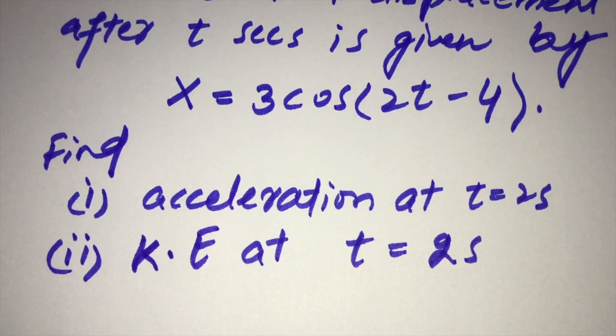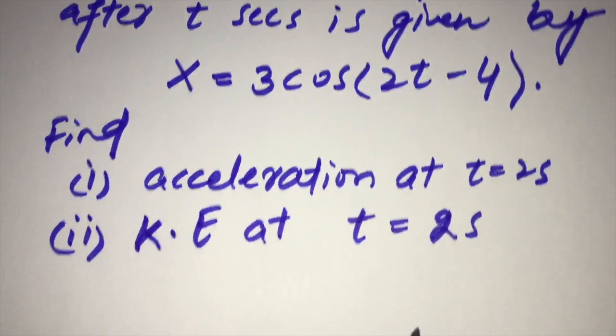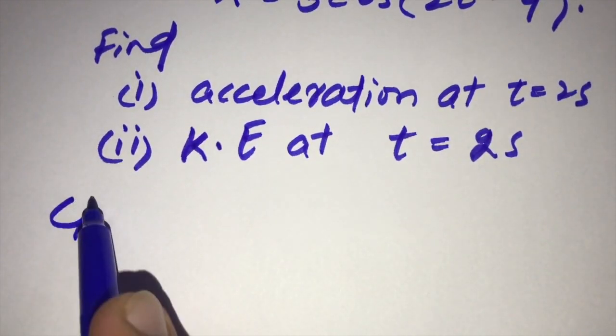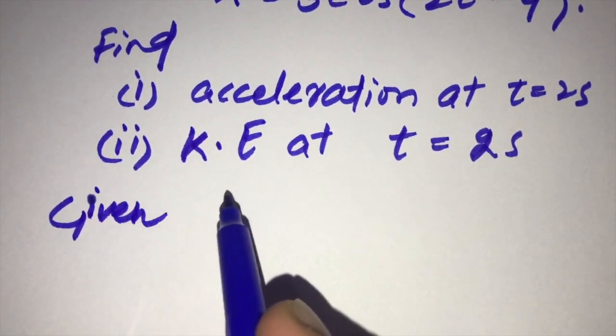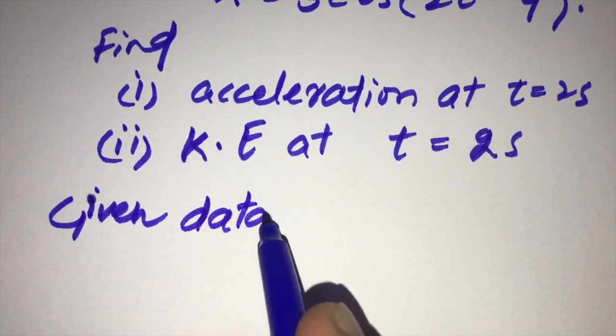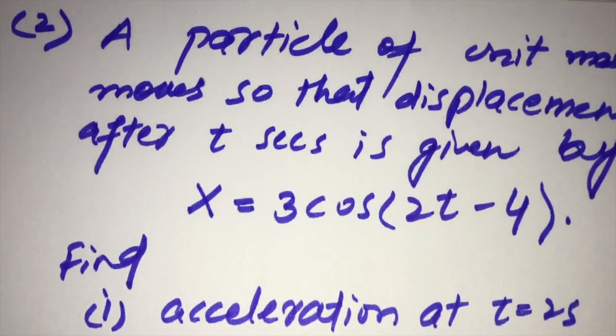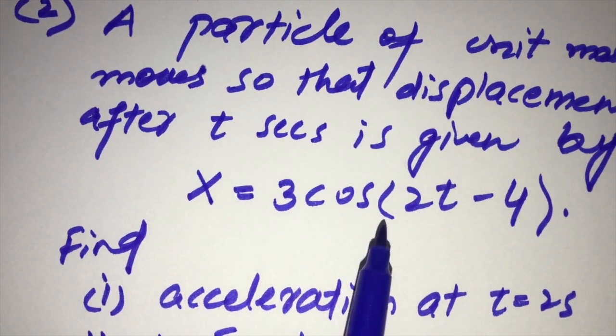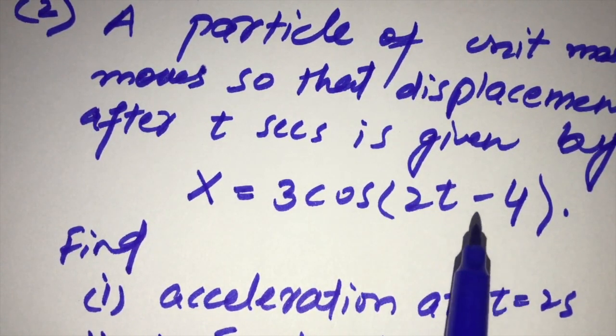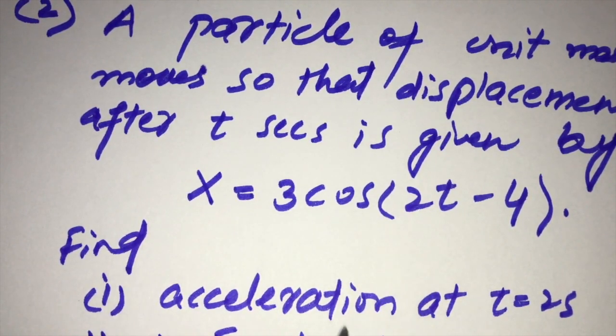So first we write our given data. The only given data is our relation, which is x is equal to 3 cos 2t minus 4. Here t is the independent variable and x is the dependent variable.